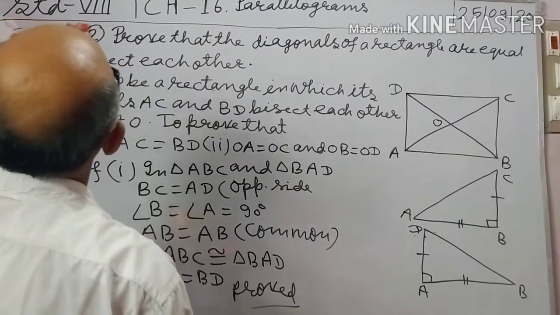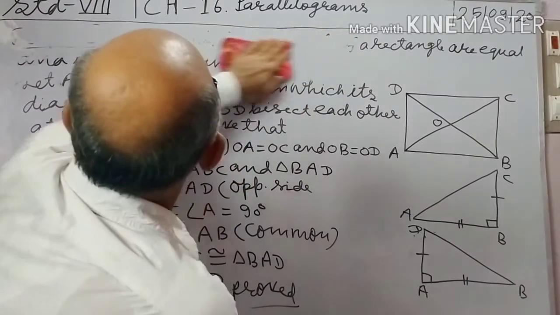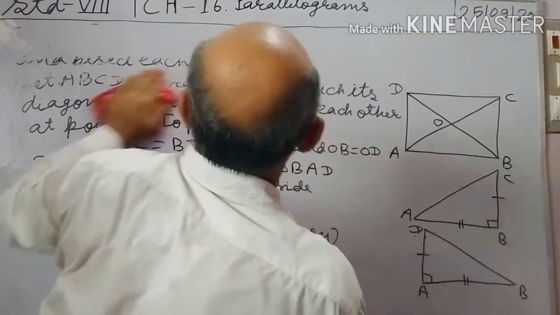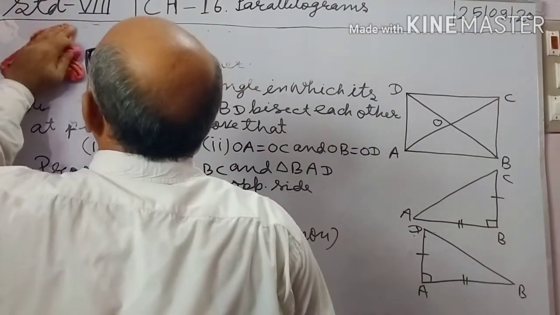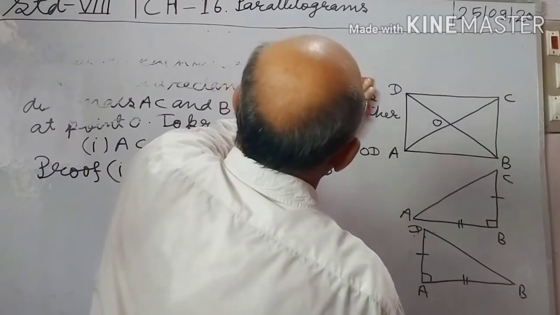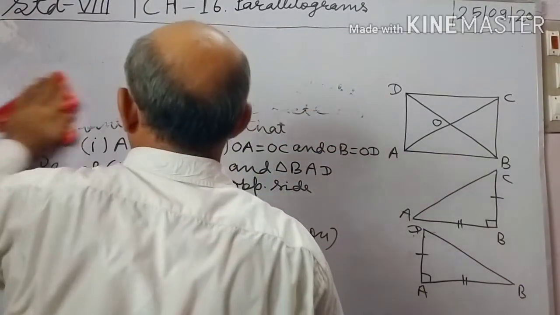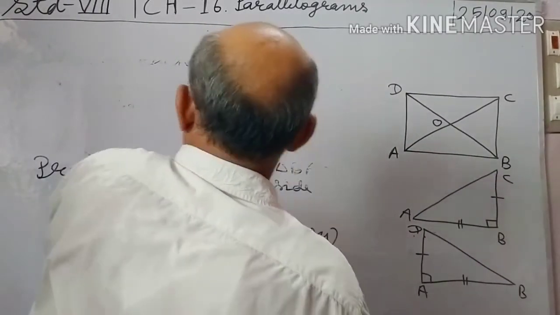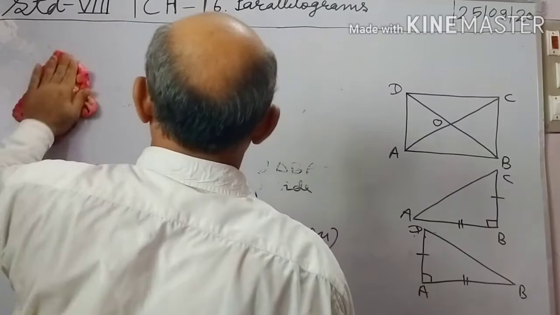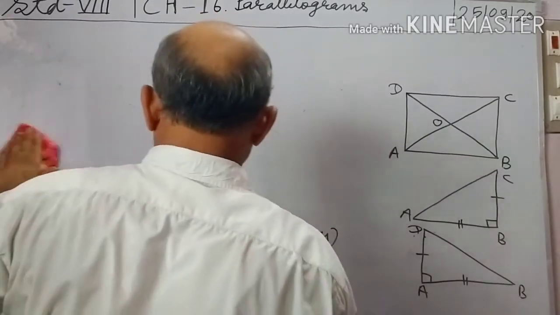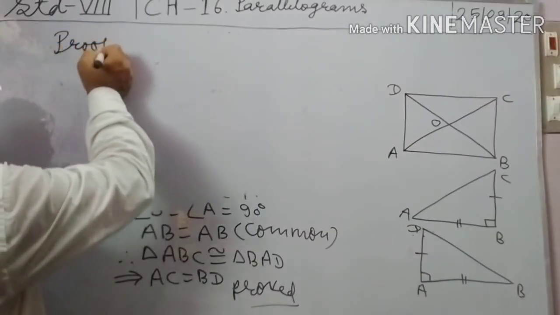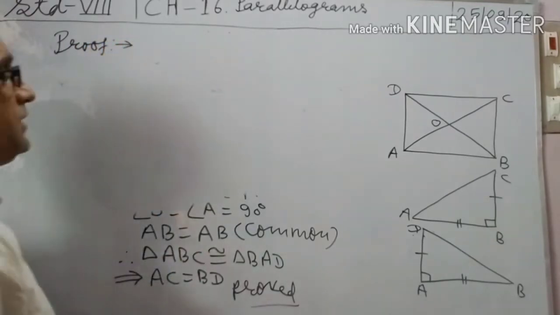Now proof 2. Proof 2 is diagonals bisect each other.